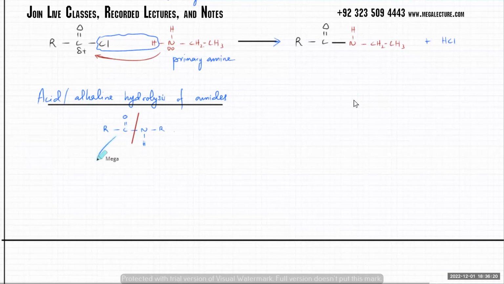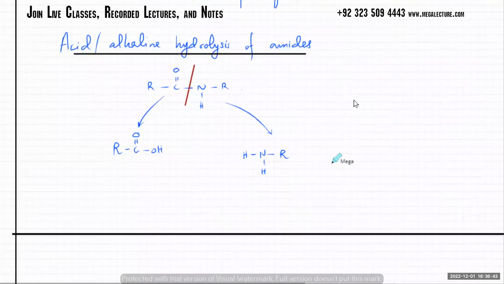This side will turn back into a carboxylic acid, and this other side will turn into an amine.